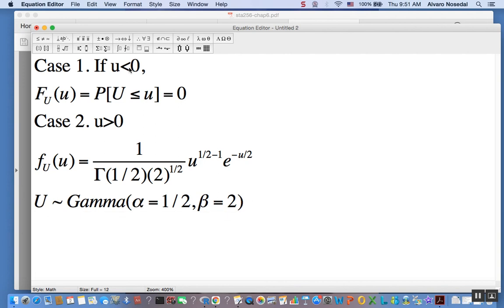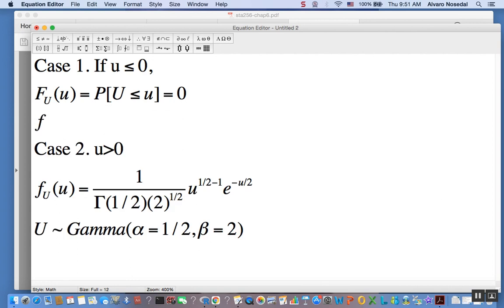Okay, so let me just say one more thing about this. Remember that the CDF must be right continuous, and since in the case of a continuous random variable the inclusion of a point doesn't change the probability, we could have this here. For u less than or equal to 0, we have that the PDF will be 0.